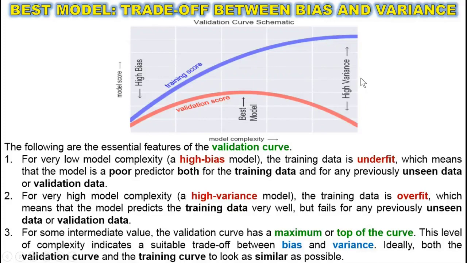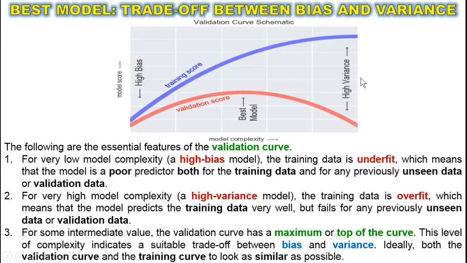We call this the validation curve. The following are the essential features of the validation curve. Number one, for very low model complexity or a high bias model, the training data is underfit, which means that the model is a poor predictor both for the training data and for any previously unseen data or validation data.